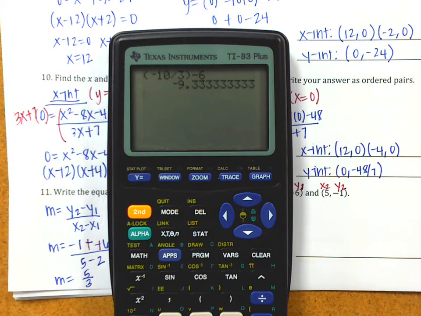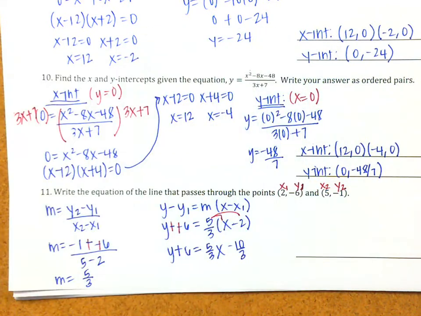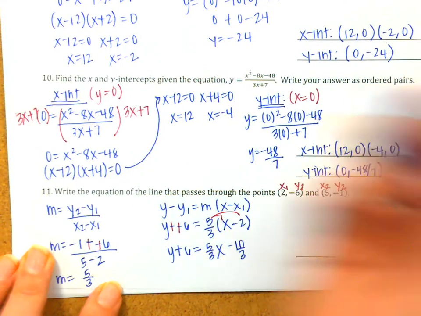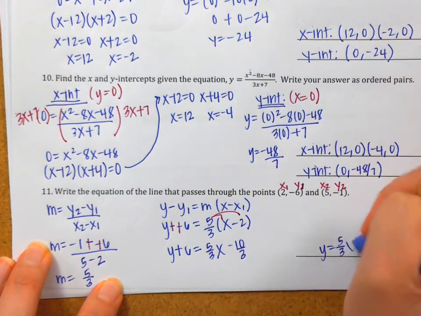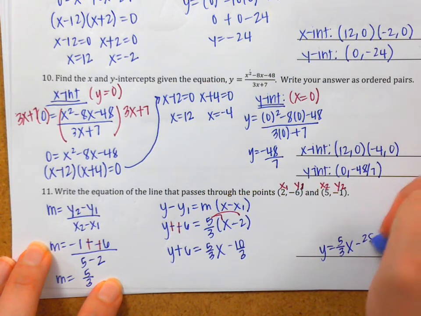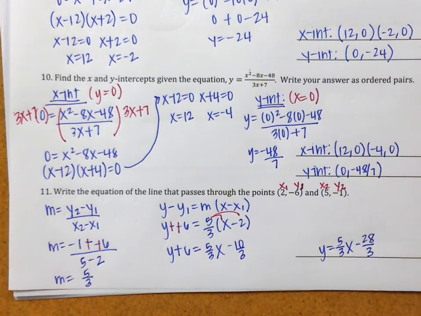I would get that decimal, but remember you can press math and then frac, and it converts it to a fraction. So minus 28/3. So that's my final answer. Y equals 5/3 x minus 28/3. And that does it for 11.